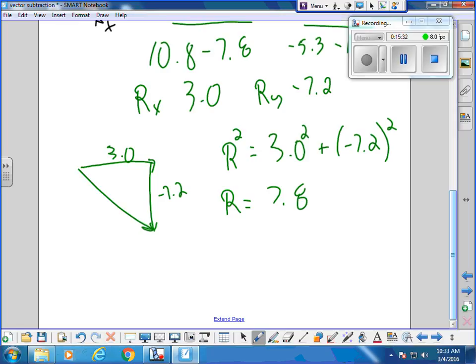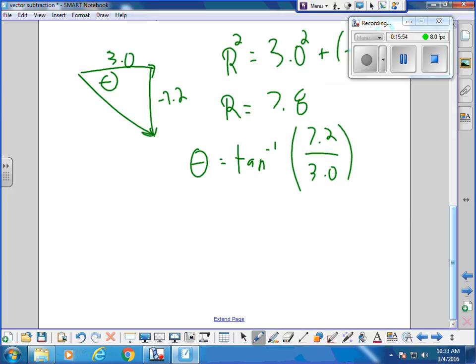You don't need that. And then the last step, as Nate aptly pointed out, we have to do the inverse tan. Good question.